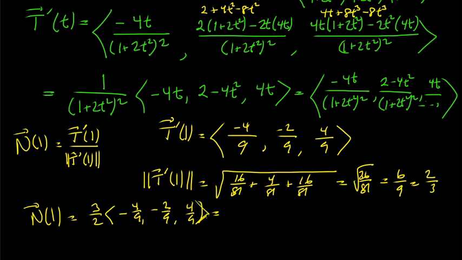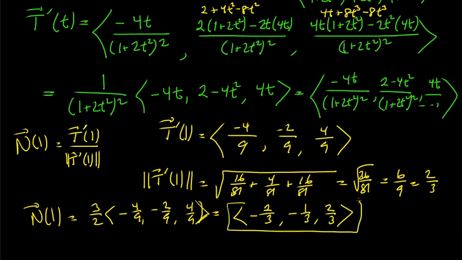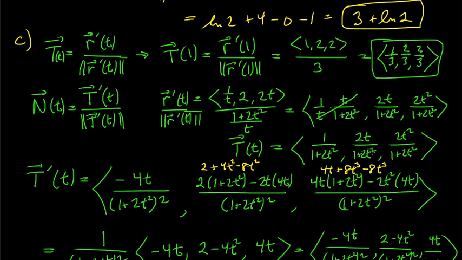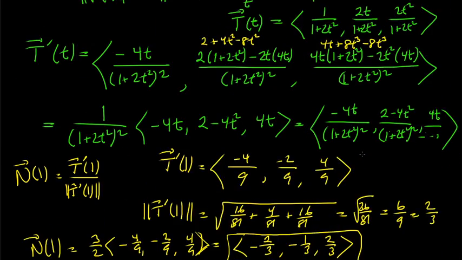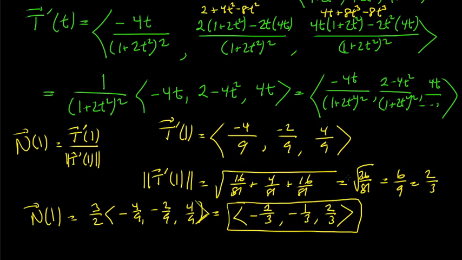Oops, sorry, vector. So it looks like we just get negative 2 over 3, negative 1 over 3, and then 2 over 3. All right. So yeah, a bit of a nuisance to calculate the unit normal vector. This is the principal unit normal vector, of course.